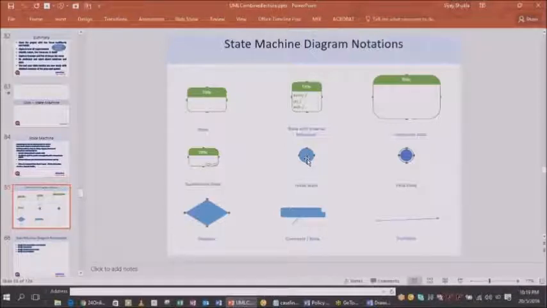Multiple initial states are allowed. The final state or the final pseudo state, only one final pseudo state is allowed. Comment or the note. Decision. So decision is basically the gateway if it leads to more than one path. Then state, and then there is a composite state. In a composite state there can be two states within a given state.